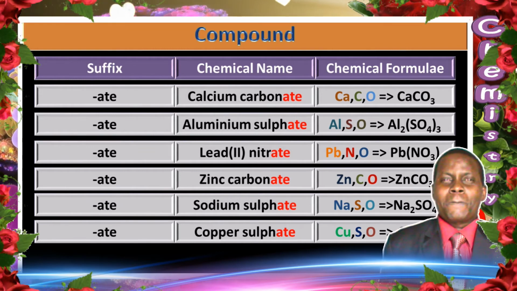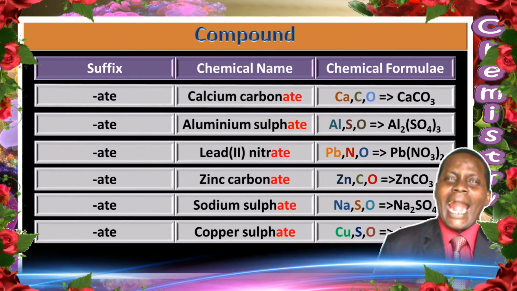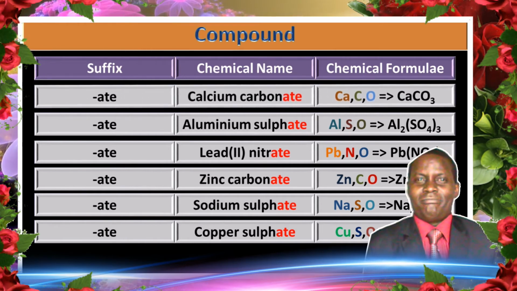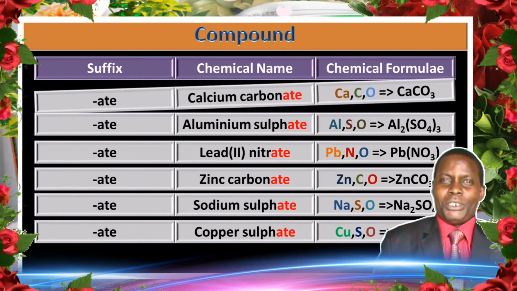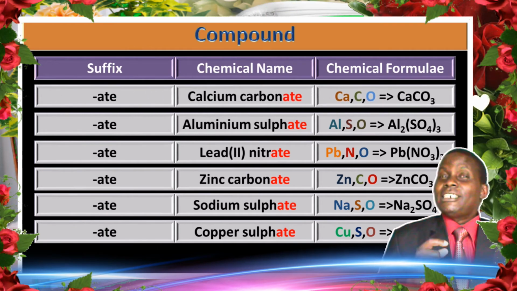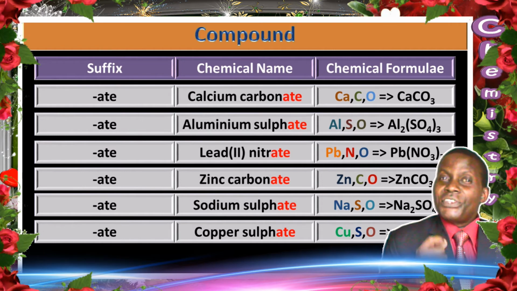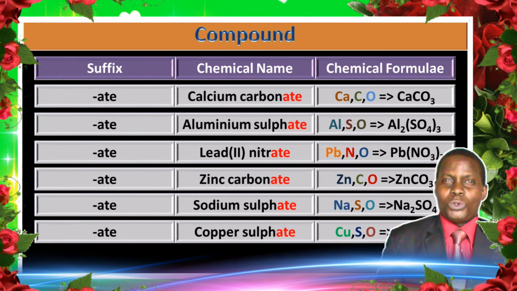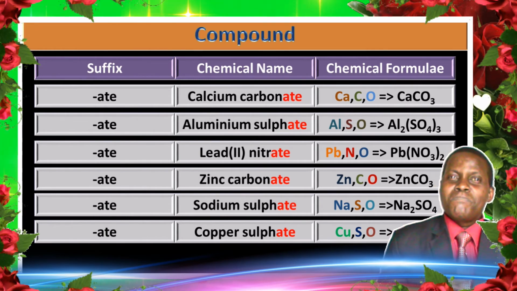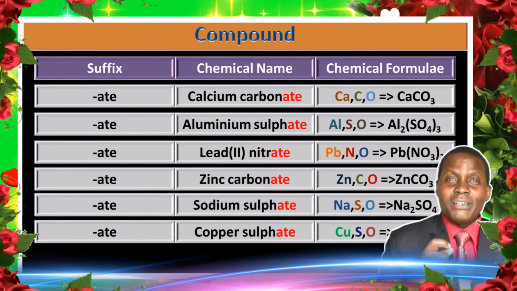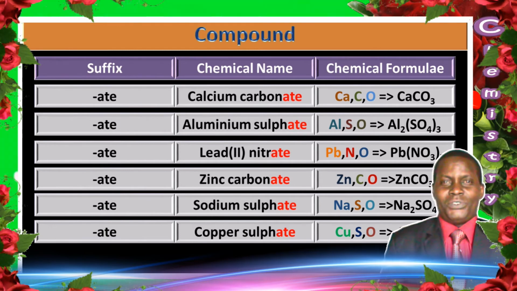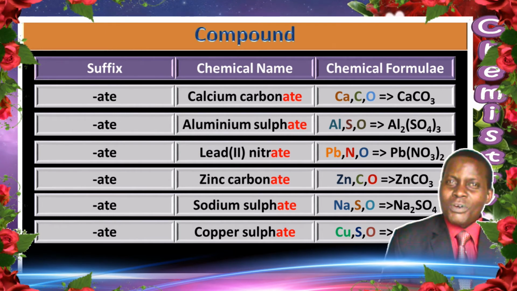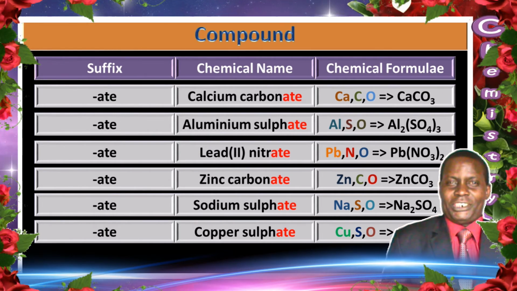For example, calcium carbonate. It ends with ATE, meaning that it has three elements, and one of them is oxygen. Those elements are calcium, carbon, and oxygen, which are chemically combined together to form calcium carbonate.